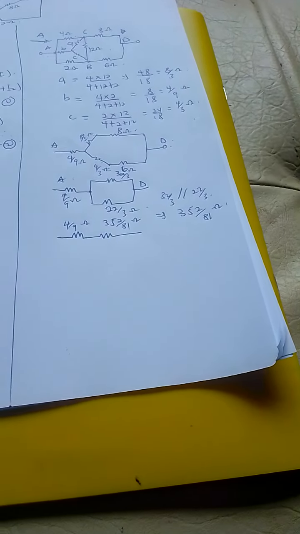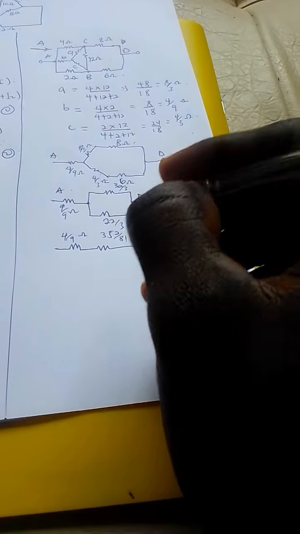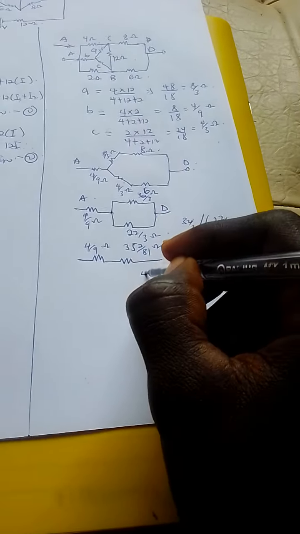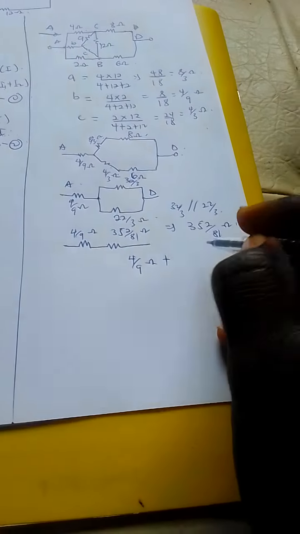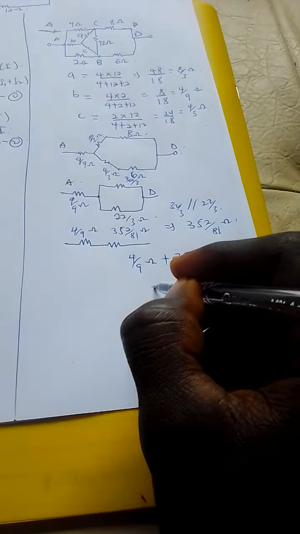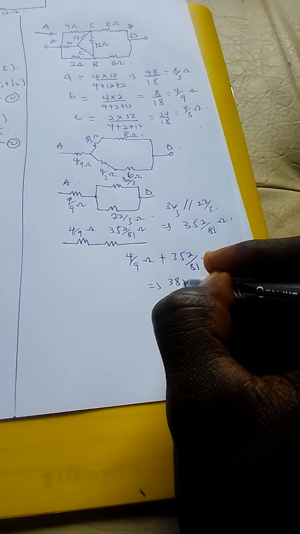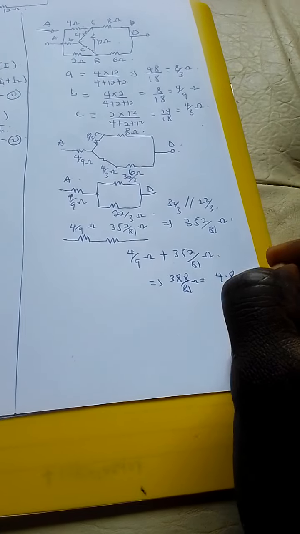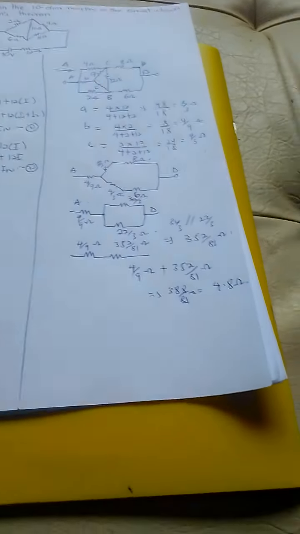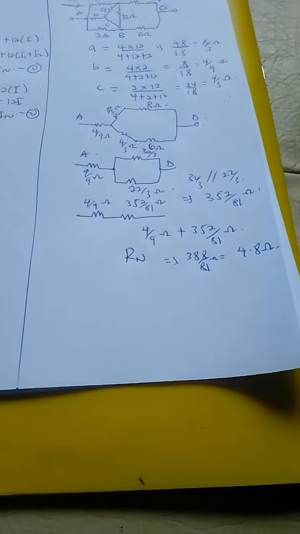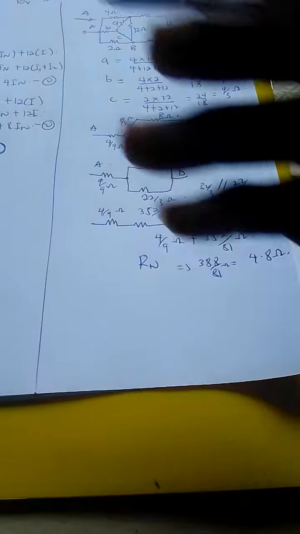So 4 over 9 ohms plus 352 over 81 ohms, and this is simply equal to 388 over 81 ohms, which is also equal to 4.8 ohms. So we have finally got our Rn, and once you get your Rn, you know how to find the current.